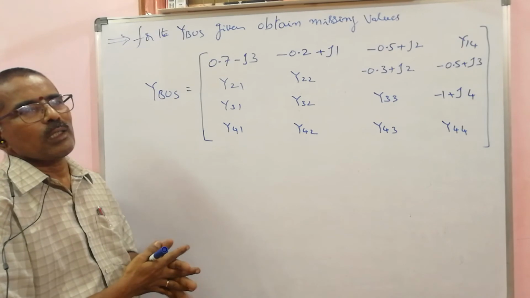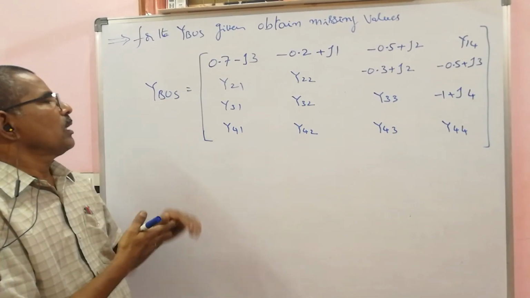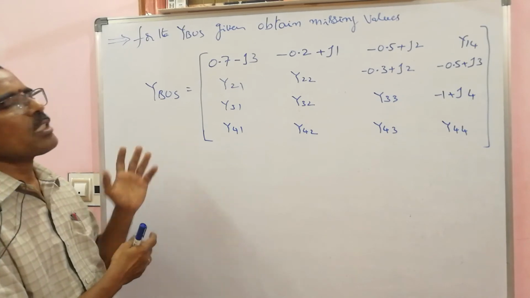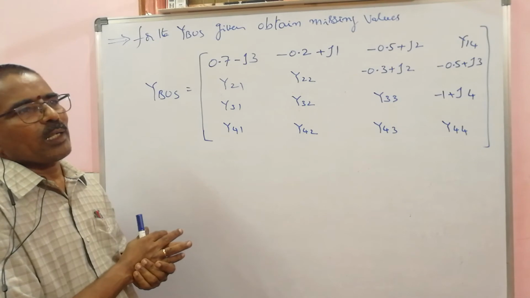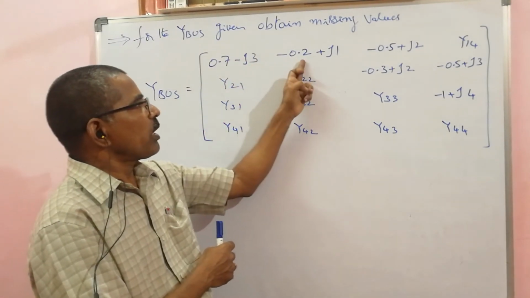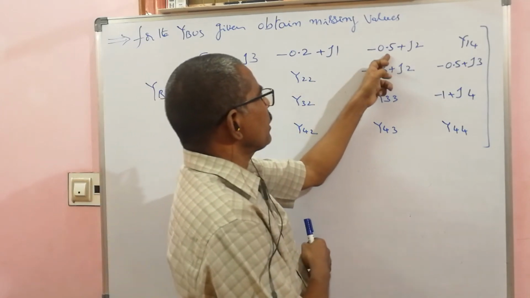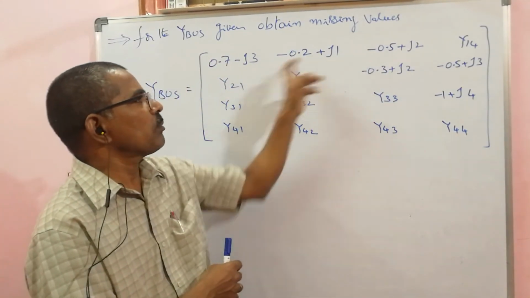So how do you do that? You need to follow the characteristics of Y bus. Y bus is always symmetric. So Y11 is there, Y12, Y13 are there. So Y21, Y31, these are same.